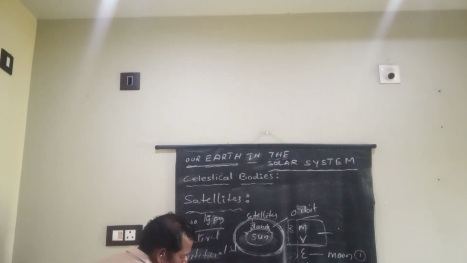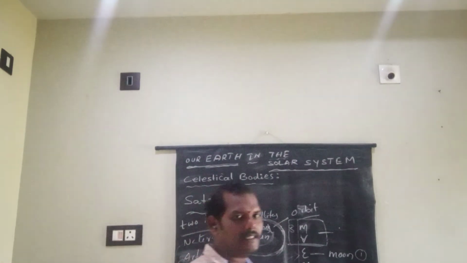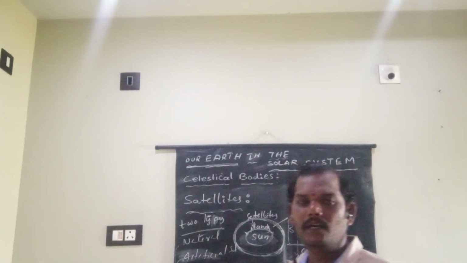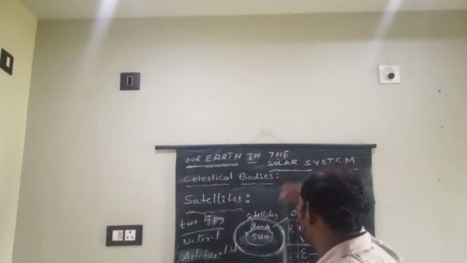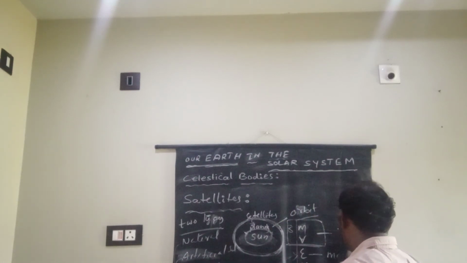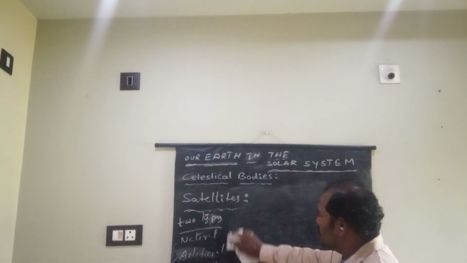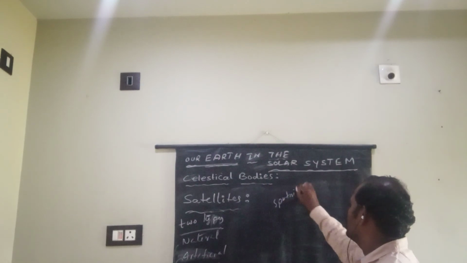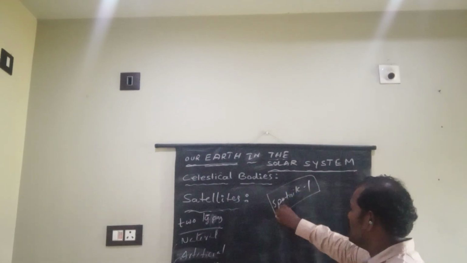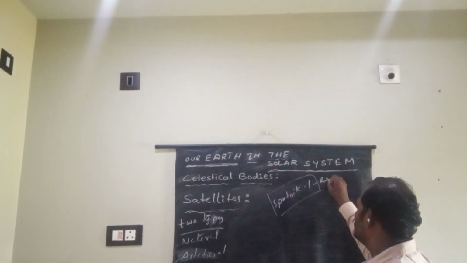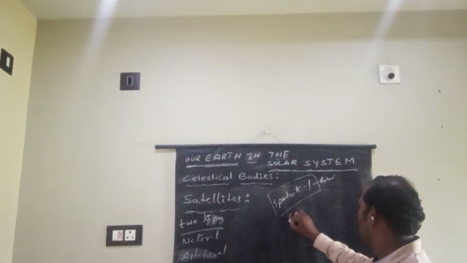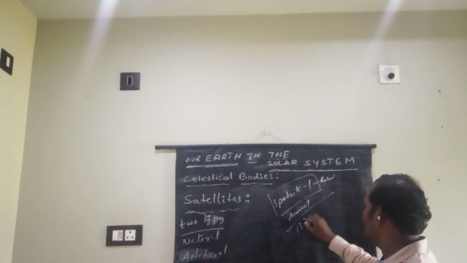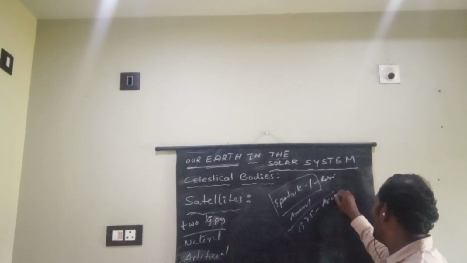India launched its first satellite in the year 1975, which is called Aryabhatta. Russia's satellite is Sputnik 1, the first satellite launched by Russia. The second is America. The third is India, launched in 1975, called Aryabhatta.